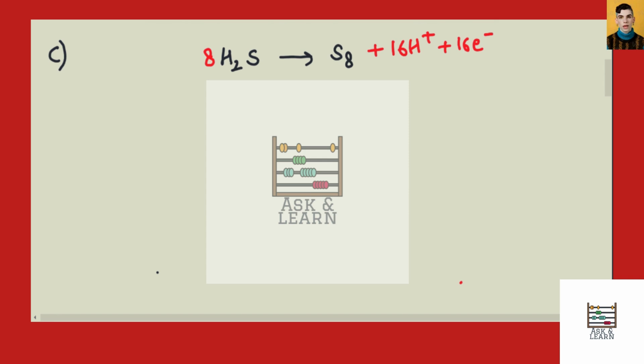And now the next reaction, which is nitrate going to NO. So we don't have to balance the nitrogen atom because it's already balanced. We just have to balance the oxygen atoms and the hydrogen atoms. So we'll end up adding 2 water molecules here to balance the oxygen atoms, and 4 H positive on the left hand side to balance the hydrogen atoms, and then we will add 3 electrons here to balance the charge.